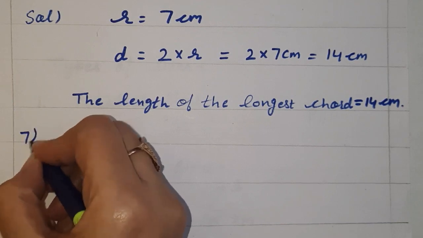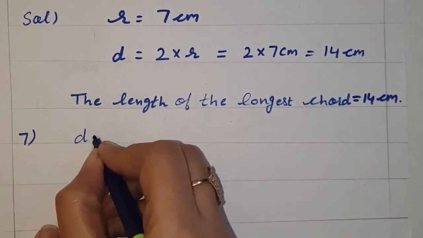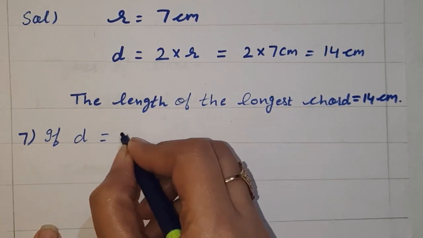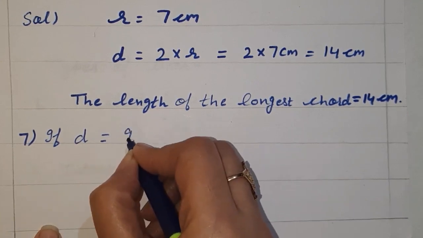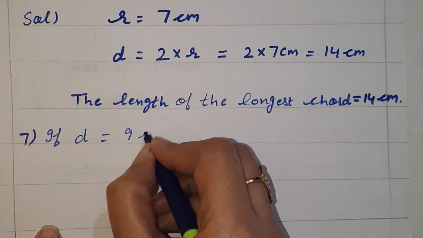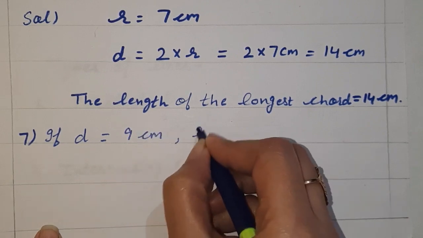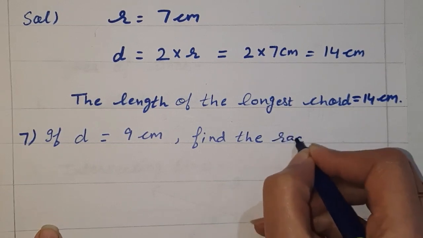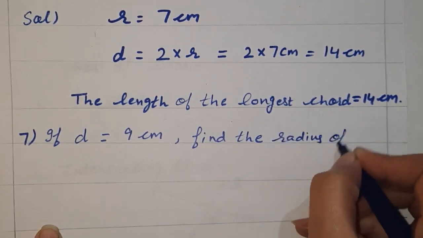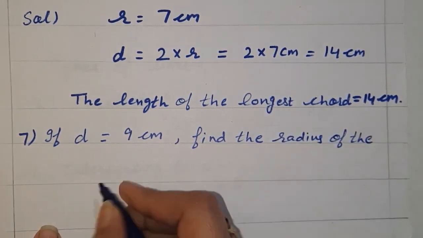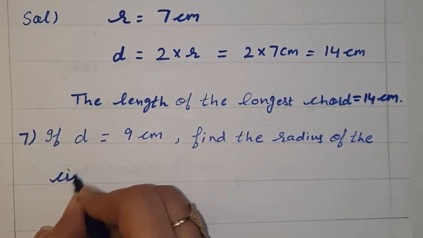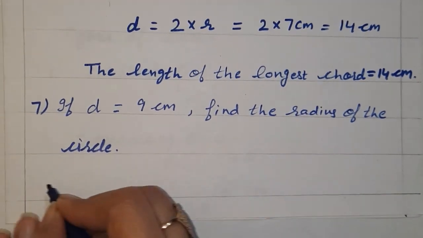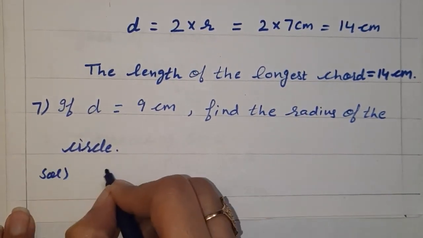Let's do one more question in which if diameter is given, if diameter is equal to 9 centimeter, find the radius of the circle. Now see, what is given to us?